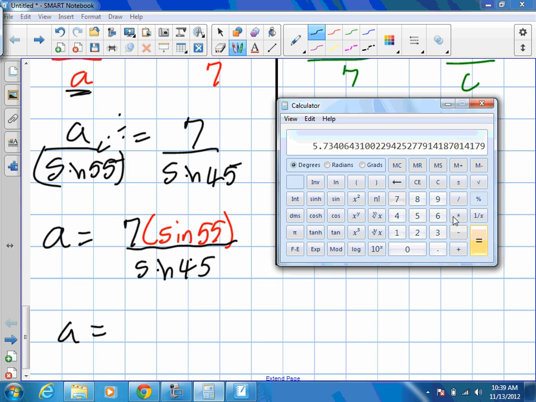Oh, slash, good. Divided by bracket 45 sine and bracket. Will that work? Yeah. 8.1. Okay, so we got a measurement of 8.1.